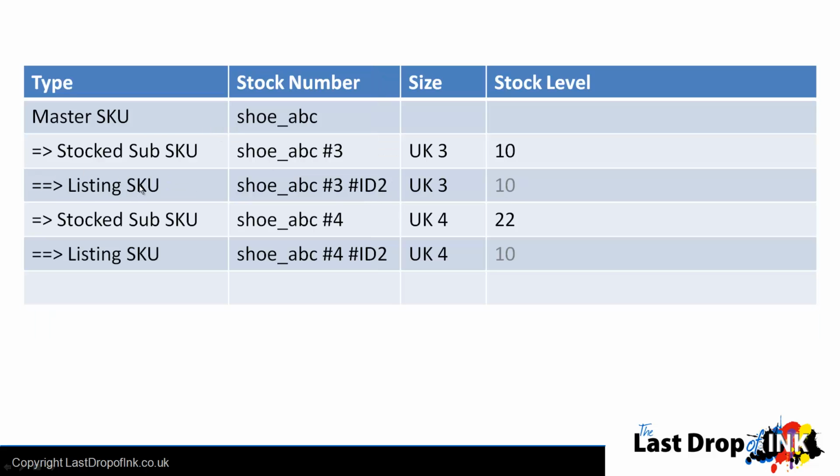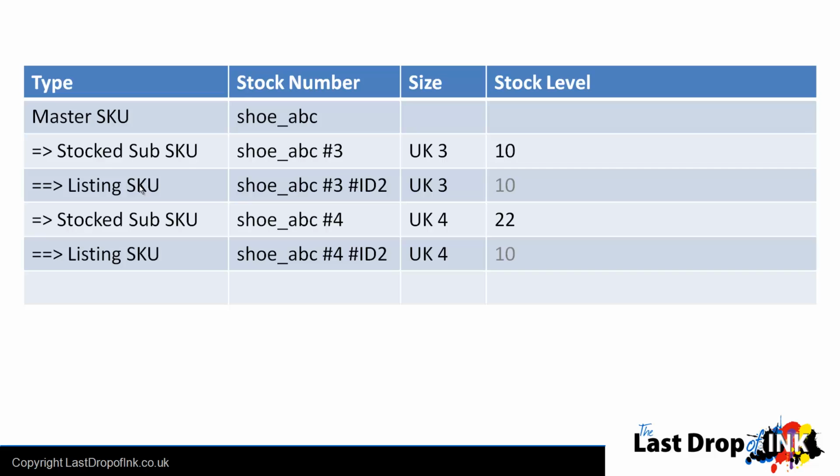Now there's a new SKU type on our screen called a listing SKU, and we use listing SKUs when we want to sell exactly the same product but in a different flavor, and that flavor could be a second eBay account. Let's have a quick recap of what we've got on our screen. Master SKU, container product.